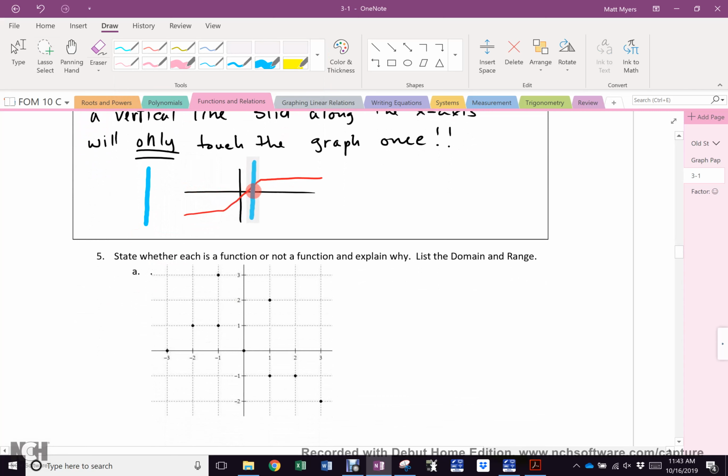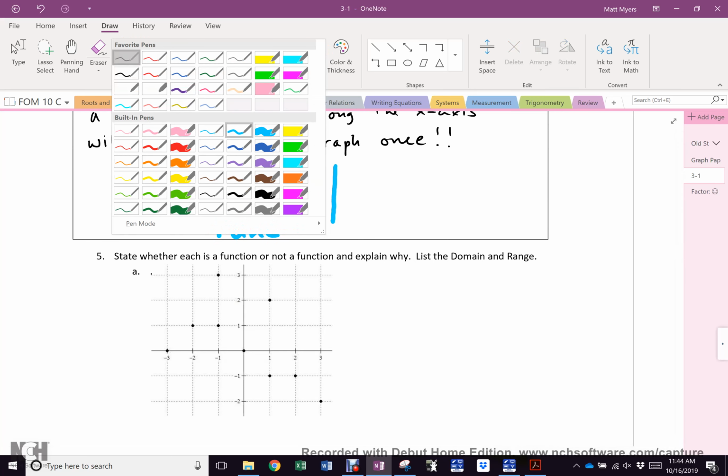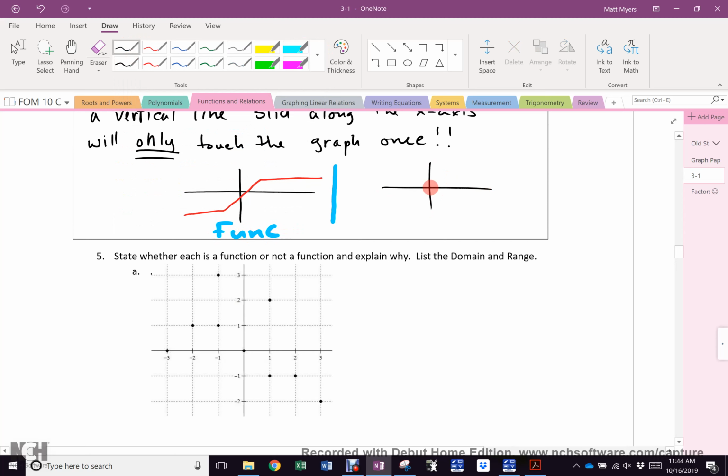Only once. So is that a function? Yes, because for every x value where that blue line is hitting, there is only one y value. Does everybody understand? That is a function. Now, I'm going to draw another line. I'm going to use a different color than black.